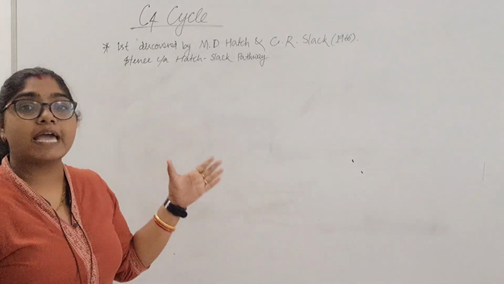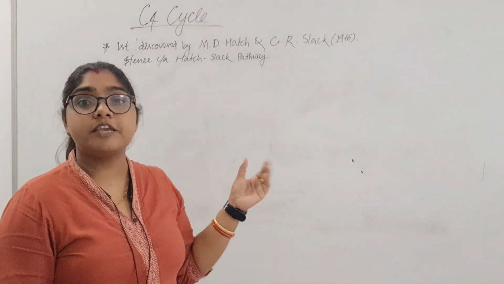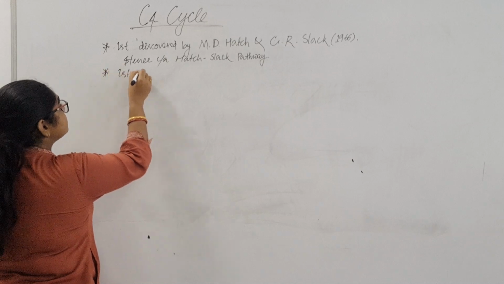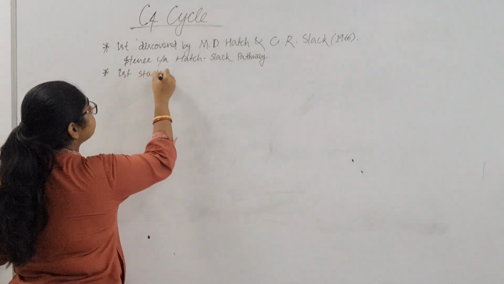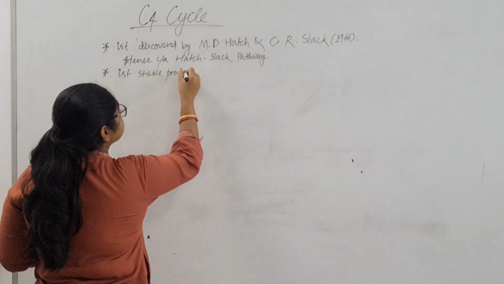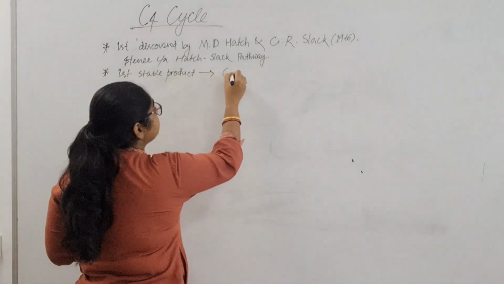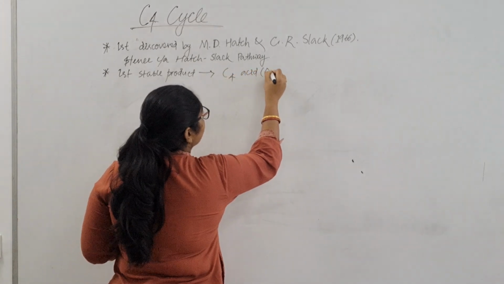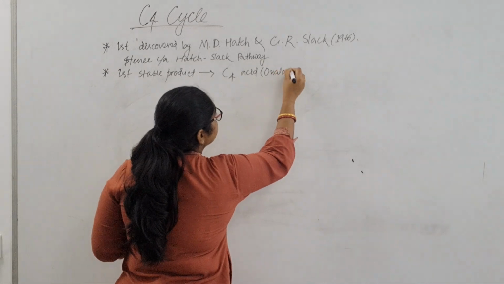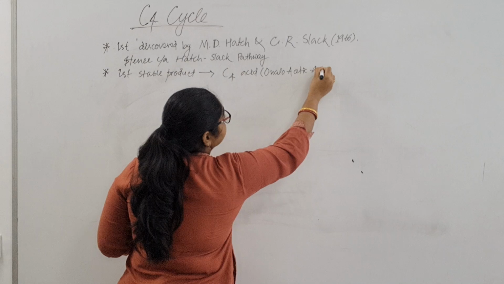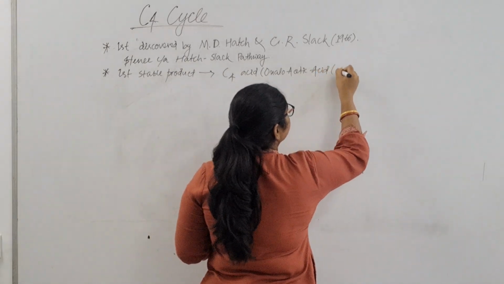Now, the first stable product in the C4 pathway is a 4-carbon acid, a C4 acid, that is oxaloacetic acid, which we can denote as OAA.